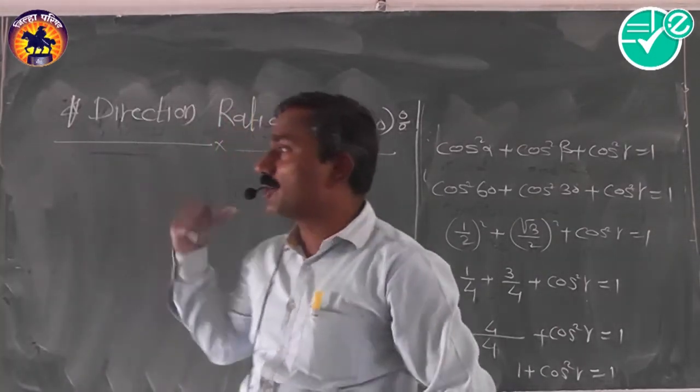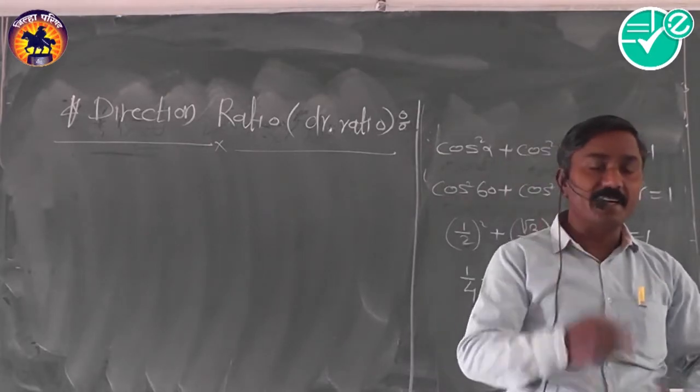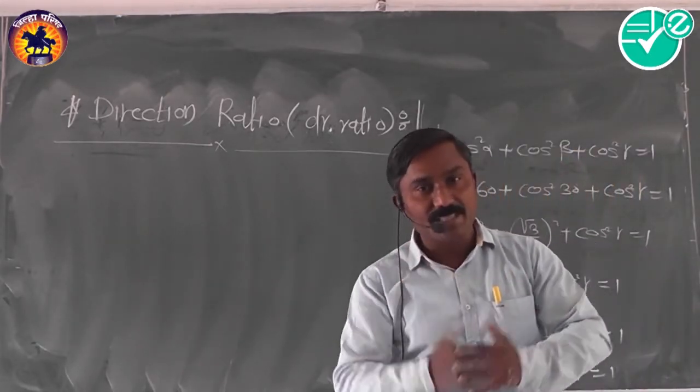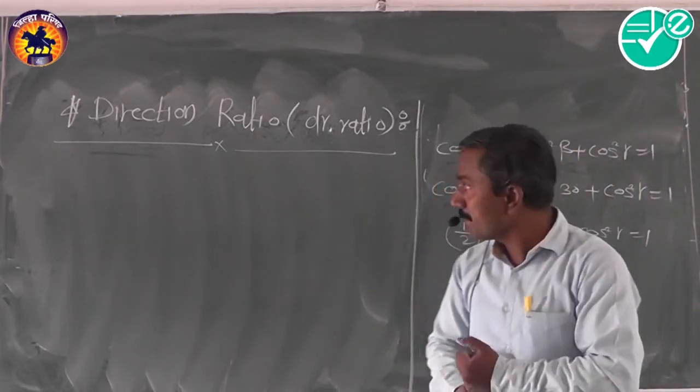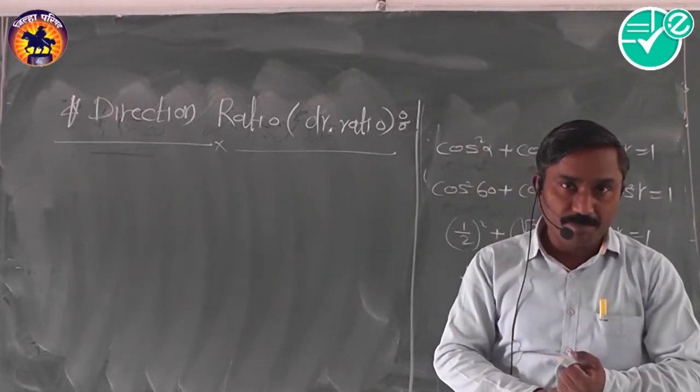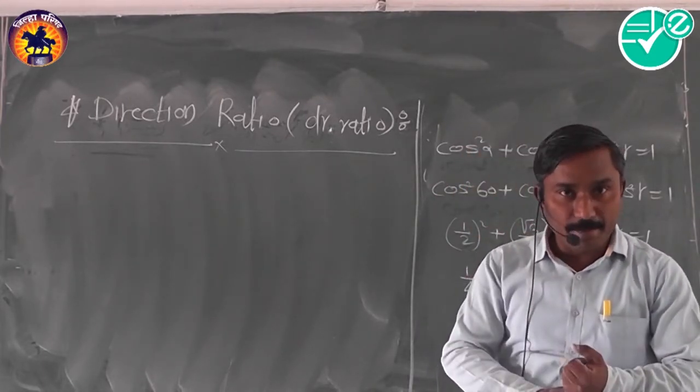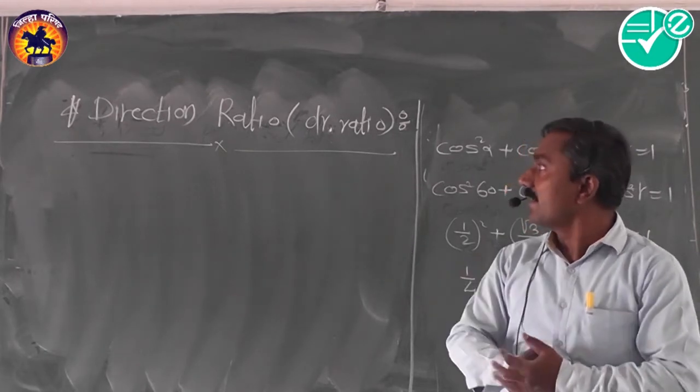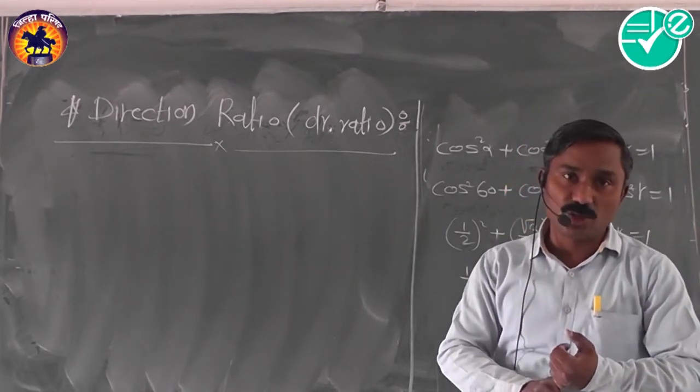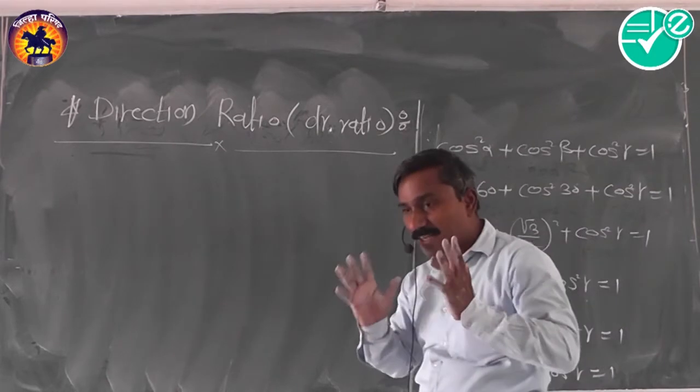Before this direction ratio, we have completed three definitions first. I will revise it. First, directed angle, then direction cosine, and the last is direction ratio. So, what is the direction ratio?